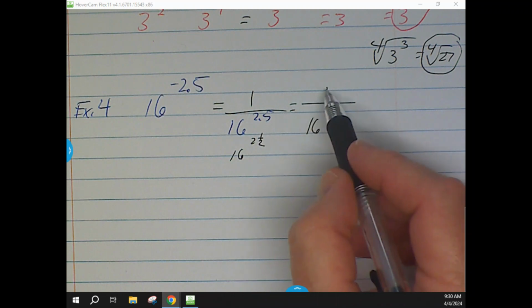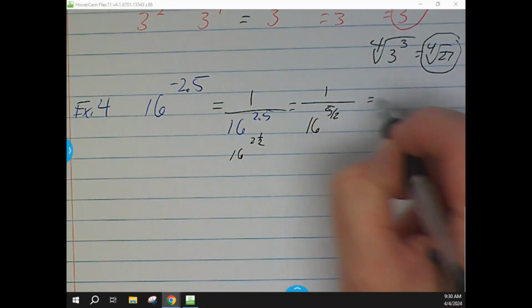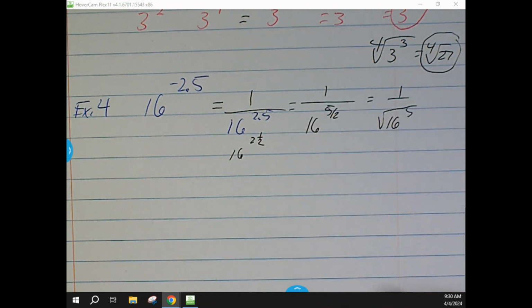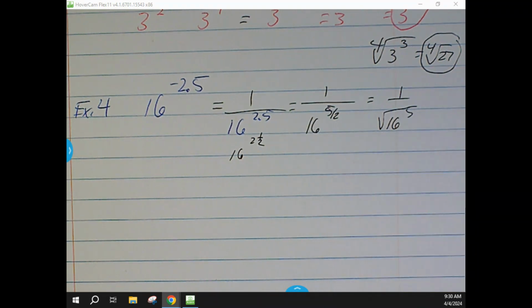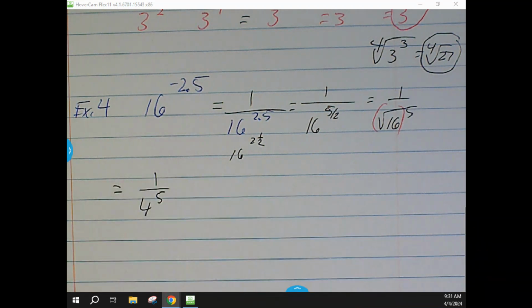If it's 1 over 16 to the 5 halves power, that's 1 over the square root of 16 to the 5th power, right? Now, does anybody know what 16 to the 5th power is? Probably not. Does anybody know what the square root of 16 is? That's 4, right? So that becomes 1 over 4 to the 5th power.